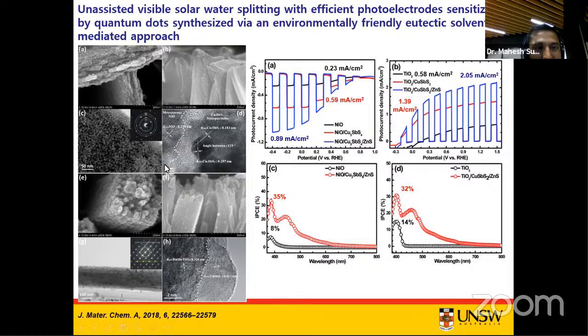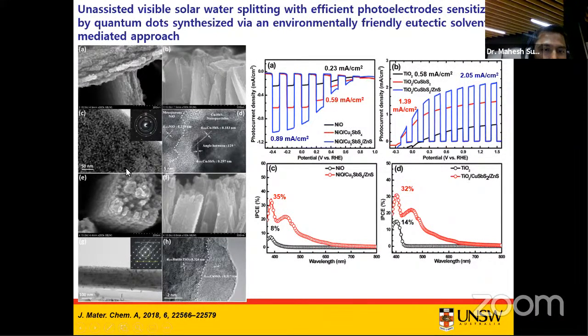We established the band alignment of these two compounds with the TiO2 photoanode as well as the NiO, that is nickel oxide, as a photocathode, and we sensitized these copper antimony sulfide quantum dots either on TiO2 or on nickel oxide to form the photoanode and the photocathode in the same bath. So we sensitized the Cu3SbS4 quantum dots on the nickel oxide, whereas we sensitized the CuSbS2 quantum dots on the TiO2, depending on the band alignment of these two compounds with the TiO2 and NiO respectively, that we calculated using this ultraviolet photoelectron spectroscopy, UPS.